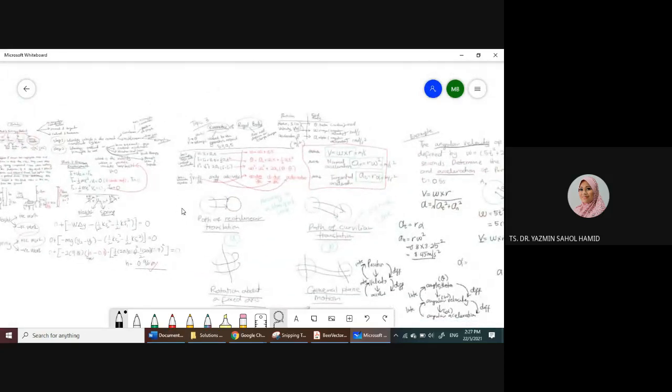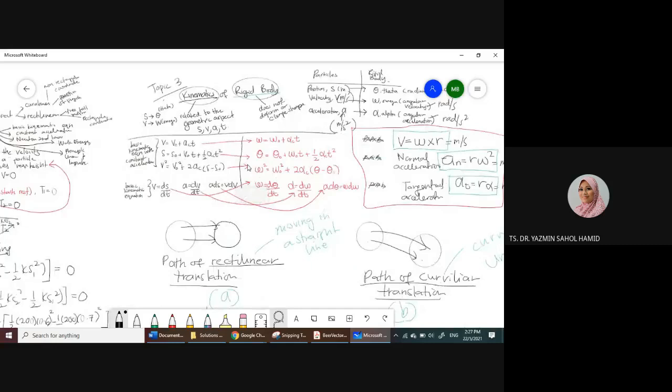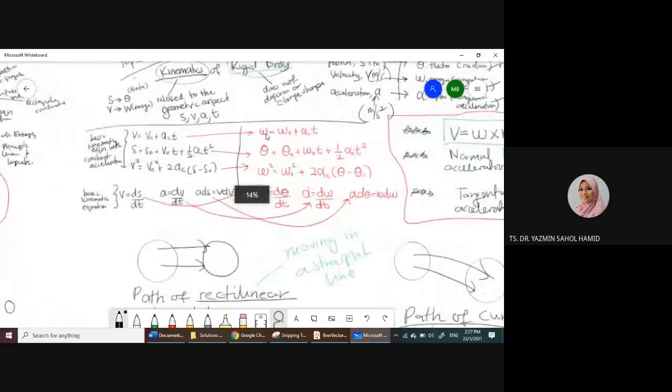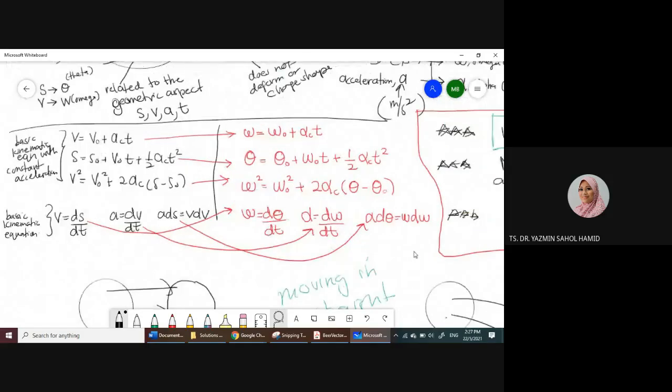I think I have to use the mouse. Okay, we have omega naught, but we want to find omega. Now, which formula do you want to use? Formula number 1, 2, or 3?